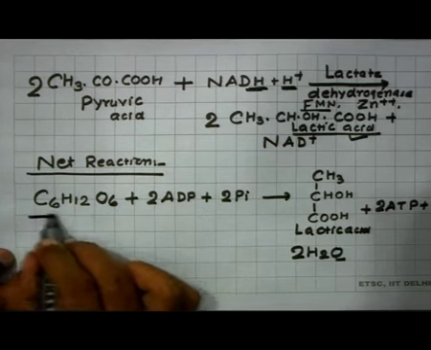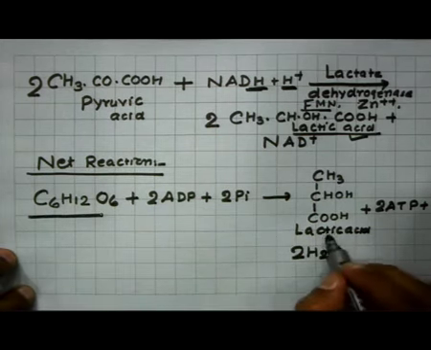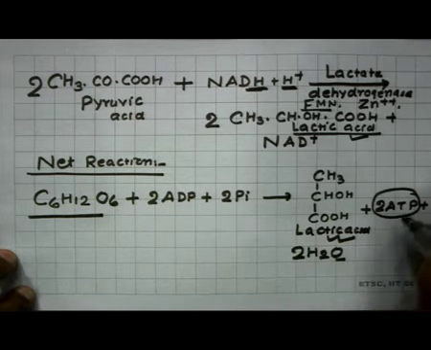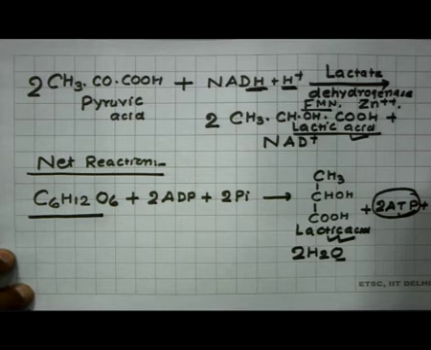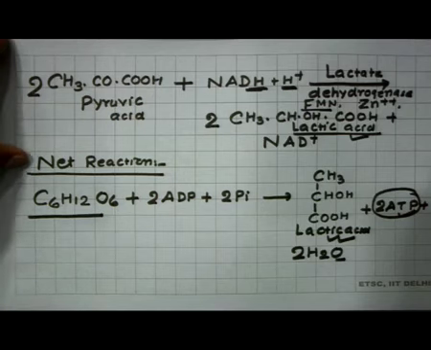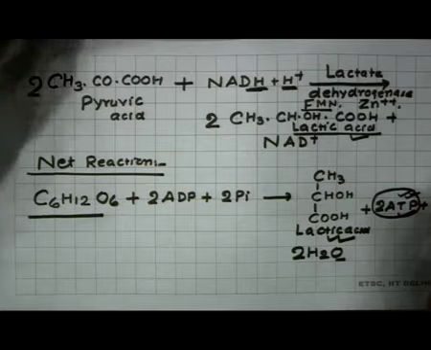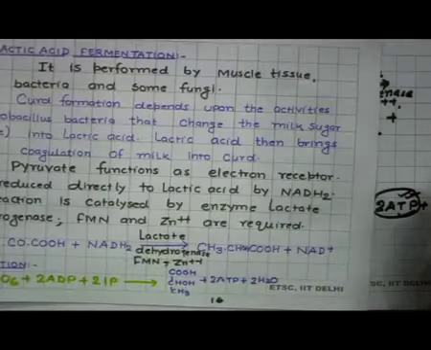So, the glucose molecule gives 2 molecules of lactic acid and 2 ATP, which I had already asked in my previous question, how much ATP is formed in anaerobic respiration, that is 2 ATP formed in this process.